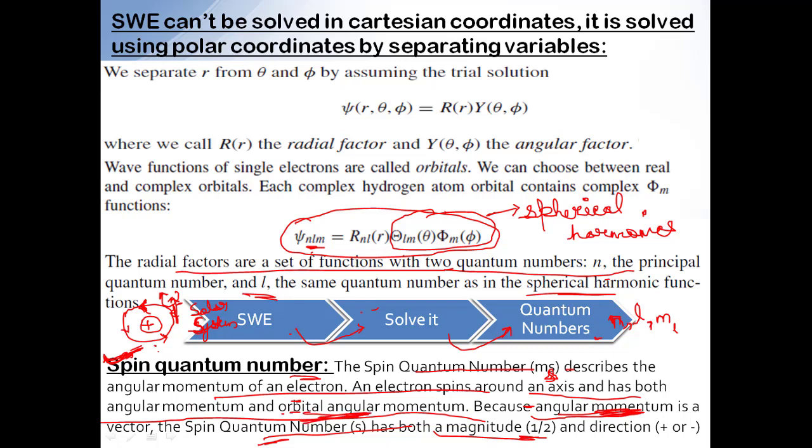That is an indication of m_s, where m_s is the spin quantum number. So the spin quantum number is a different thing that cannot be derived from the Schrodinger's wave equation, but you can get an idea of n, l and m_l from the Schrodinger's wave equation.